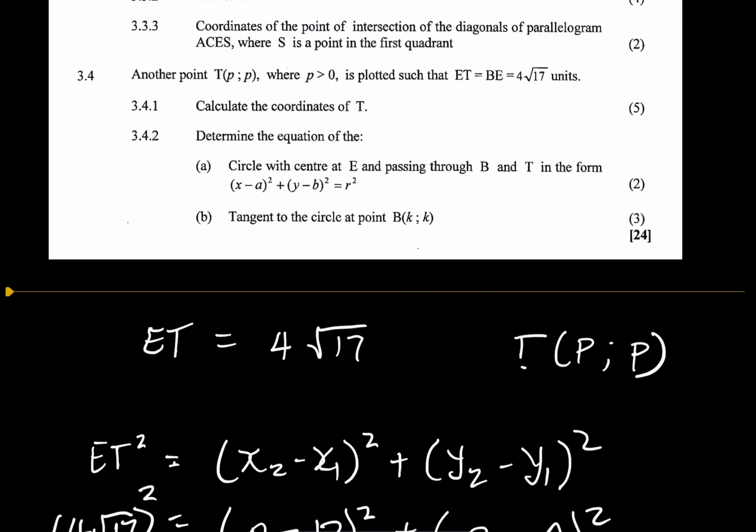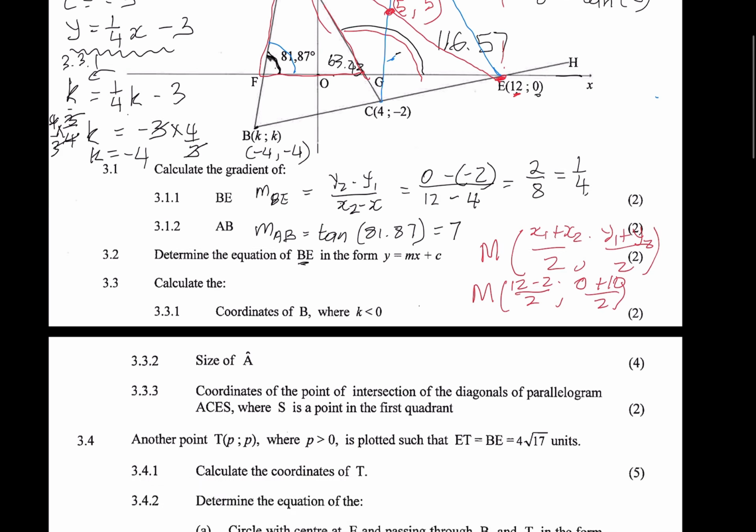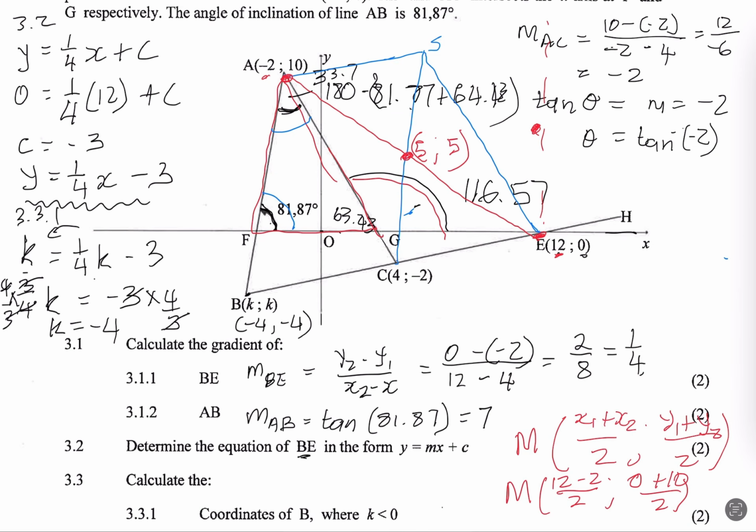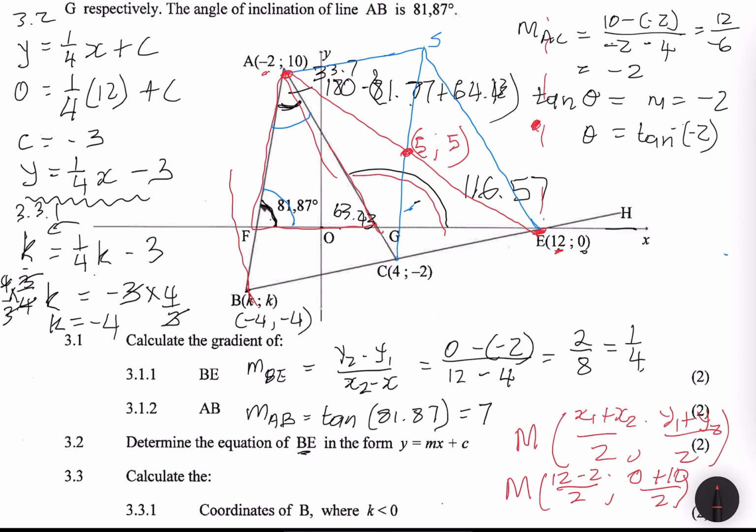All right, and then finally, they say determine the equation of the tangent to the circle at point B. Remember when we want the equation of the tangent, just imagine in this case, I'm just going to zoom in into a diagram. So there's our circle, there's the circumference of our circle.